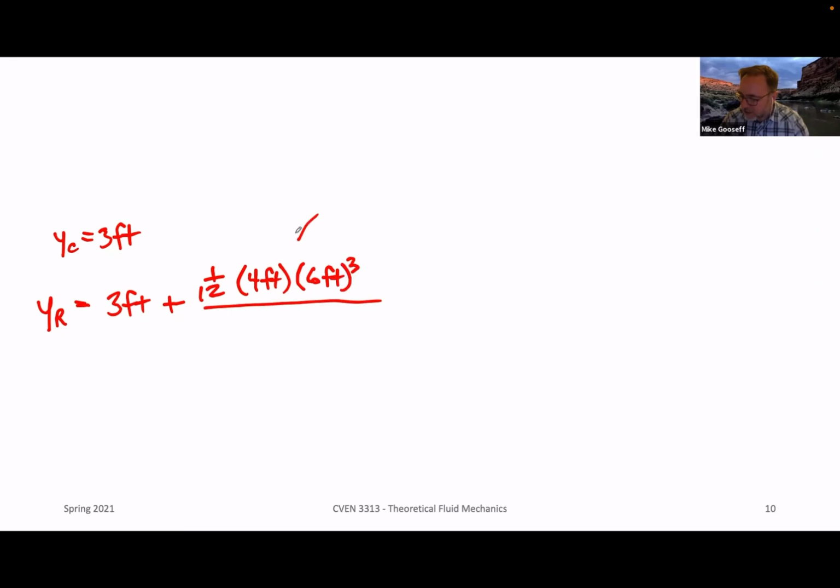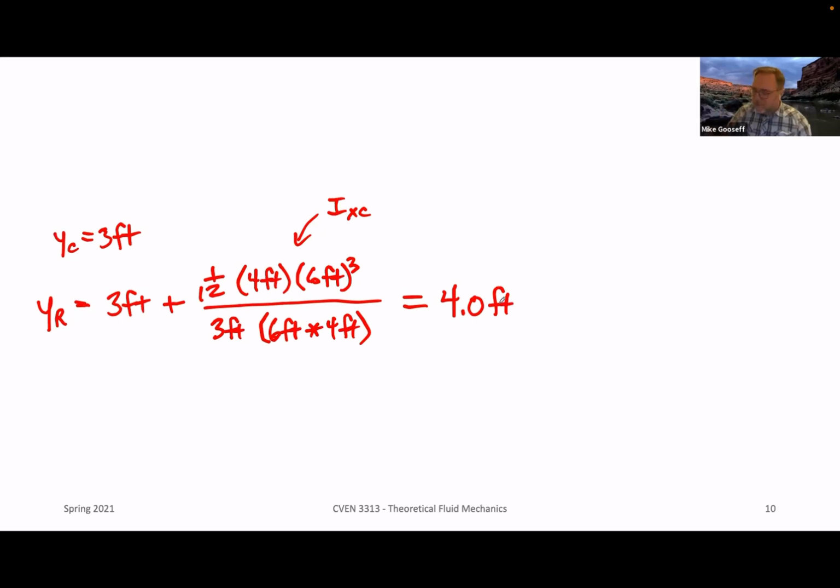This is IXC, and then we divide by y sub c, which was 3 feet, and then the area, which is 6 feet times 4 feet. When you work this out, you basically get y sub r being equal to 4.0 feet.